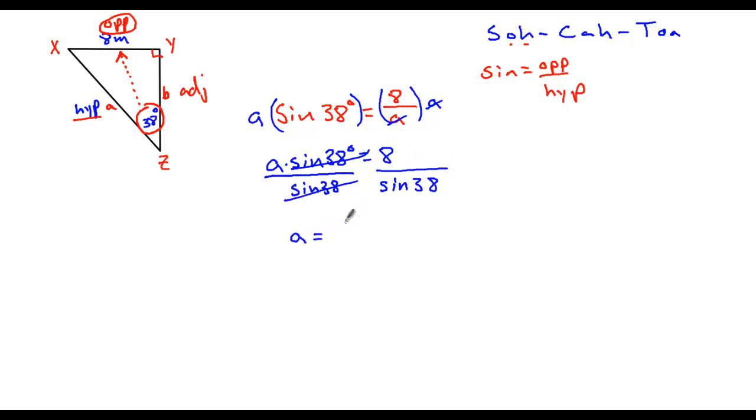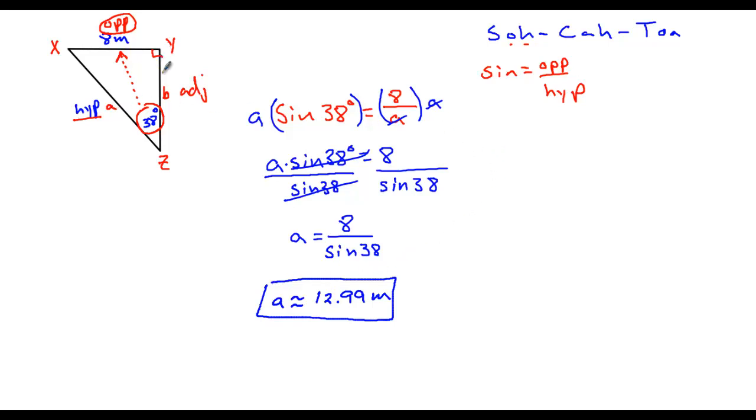And we get that A equals 8 over sine 38. I take my graphing calculator and I type 8 divided by sine 38. So I know that A is approximately equal to 12.99 meters. So very close to 13.